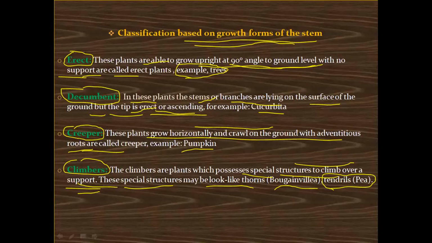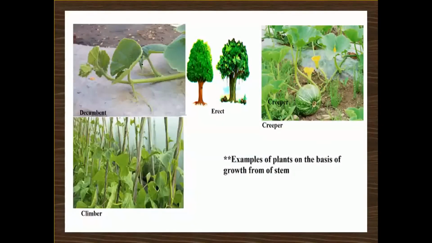So these are the classes of horticulture crops classified on the basis of the growth form of the stem. You can see in the figure, this is the decumbent plant. The stem is lying on the ground, but the tip is in the erect or ascending position.